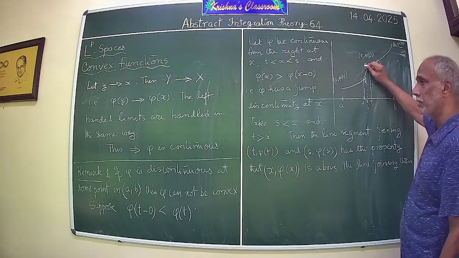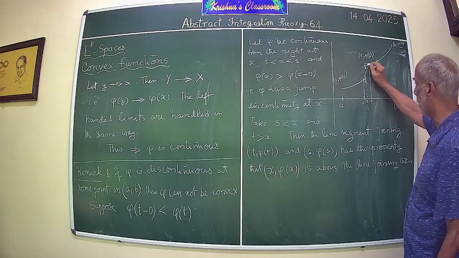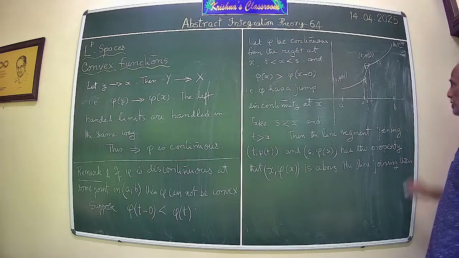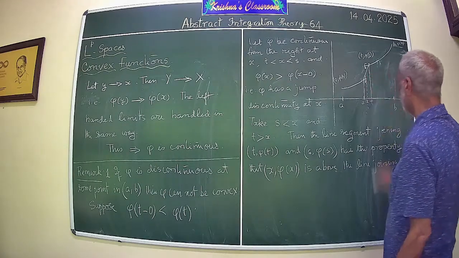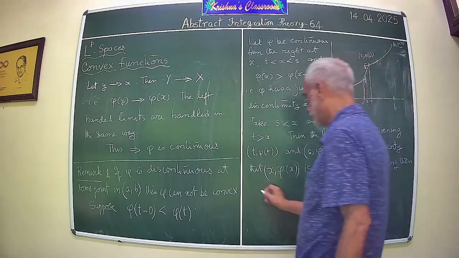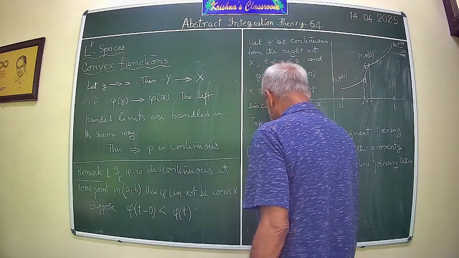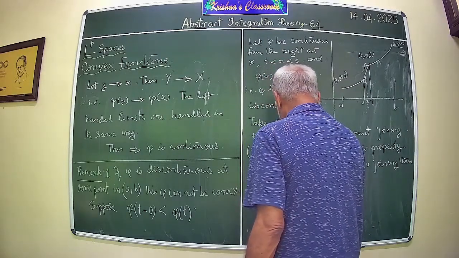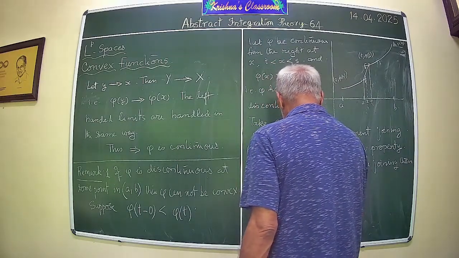Phi of x is this. So in fact there are several points where this phenomenon occurs. Therefore phi is not convex.